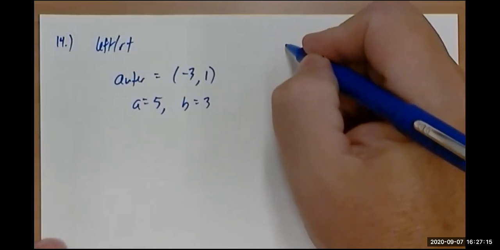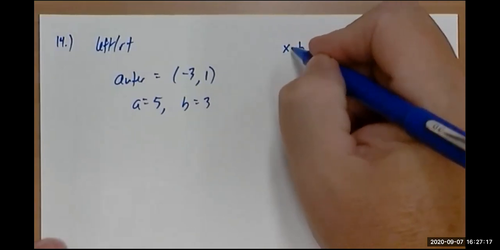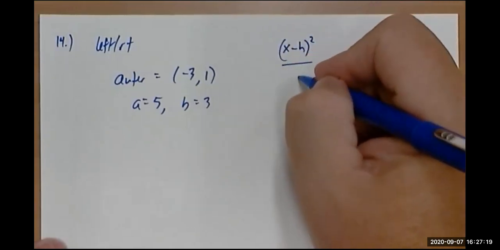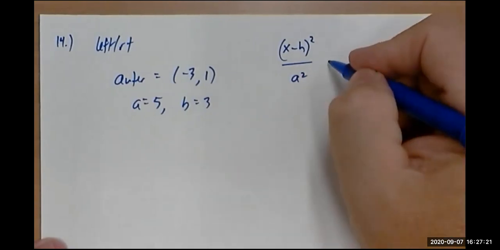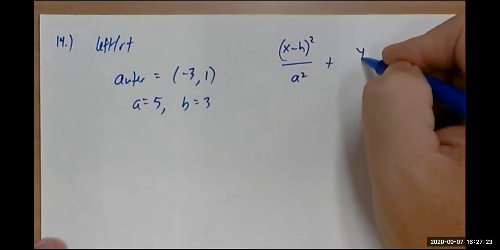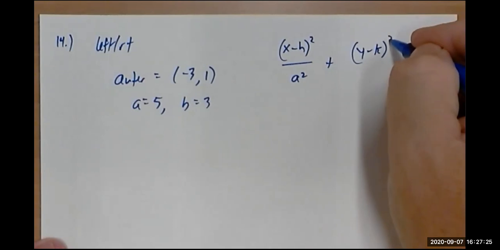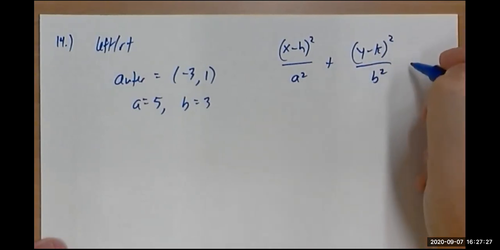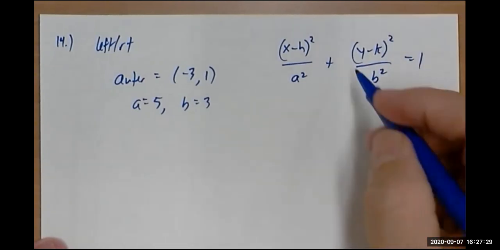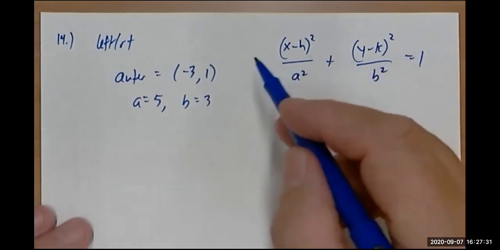So now the standard equation of a left or right ellipse is x minus h quantity squared over a squared plus y minus k quantity squared over b squared equals 1. And I think I have everything I need.